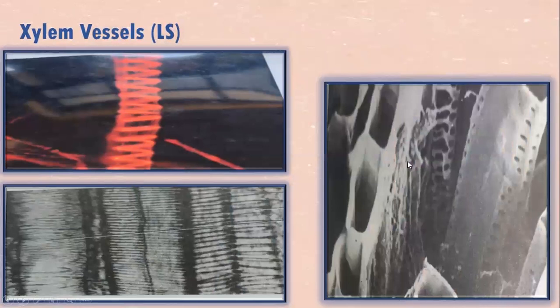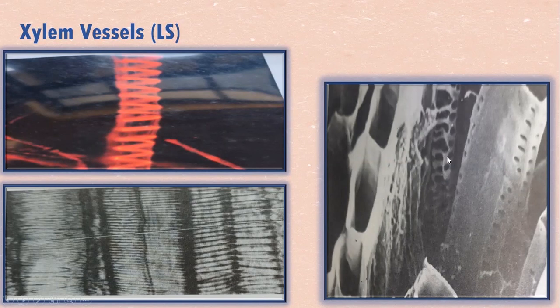Now, here are still xylem vessels. You can see this one is like spiral. Here are some that look spiral or scalariform. Look at this one. This is the lumen, a great, large lumen. All right.